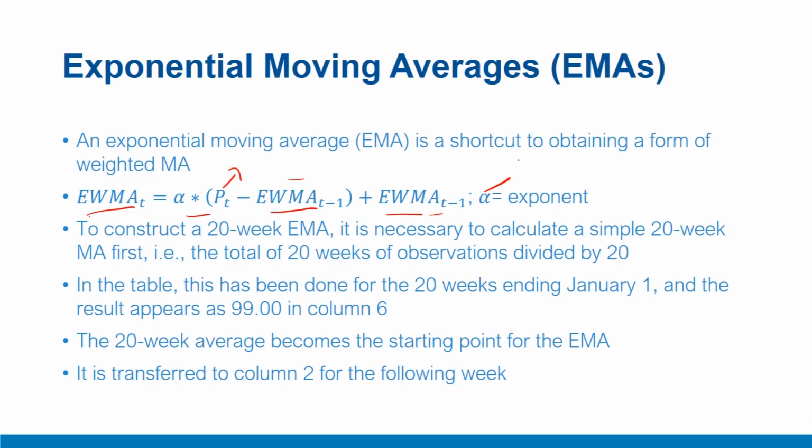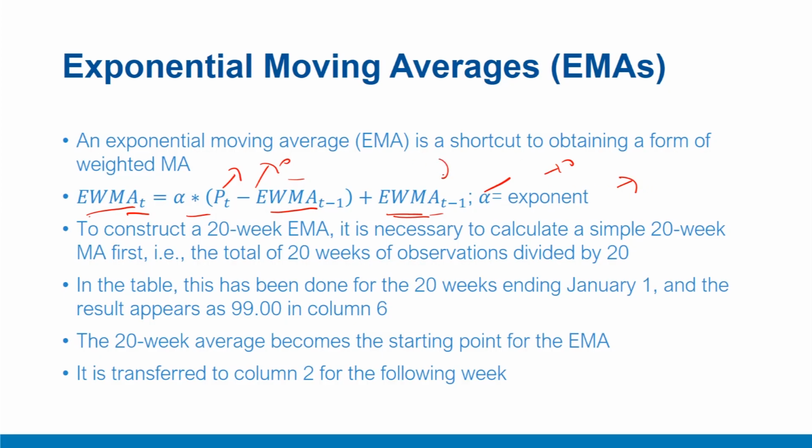Now please notice the choice of alpha is very important here. If alpha is very small, let's say close to 0, then this term will be close to 0 and the EWMA for the current period will be the same as the EWMA for the previous period. That means we are ignoring the latest information and considering the previous EWMA itself, so less weightage to the latest information.